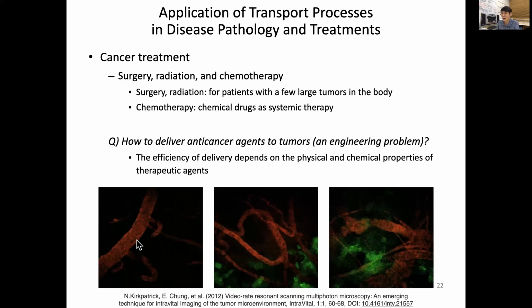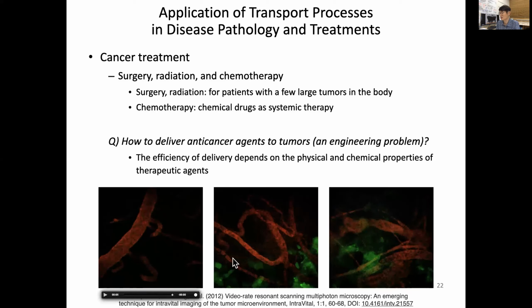So on the left part there's a tumor on one side, and the other part is the so-called more normal side. And these black dots inside the vessel are in fact red blood cells. So you can see these red blood cells move very smoothly, and you can see it's well perfused.